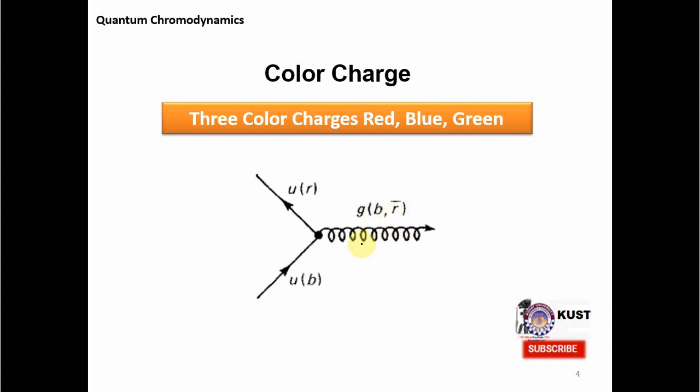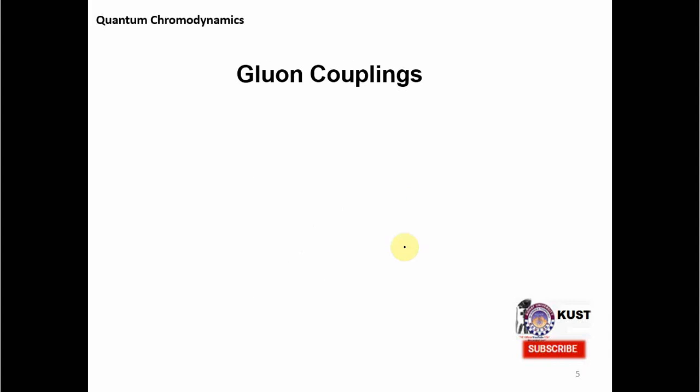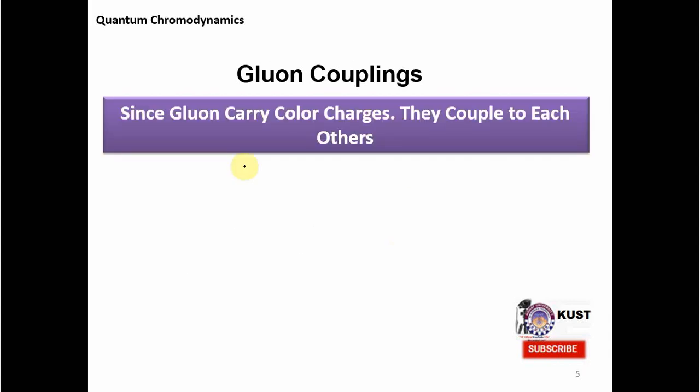And this difference also gives rise to very interesting phenomena. For example, having glue balls: because two gluons can interact with each other, we can have bound states of gluons, which are called glue balls. So gluons can couple to each other. As I already said, since gluons carry color charges, they couple to each other. So there can be three gluons which couple.